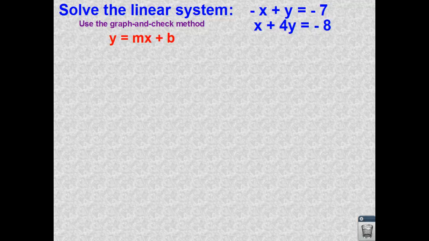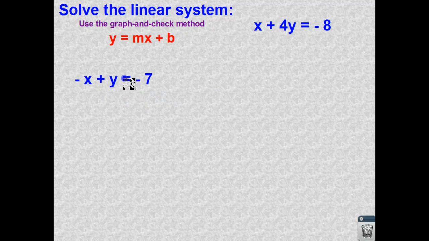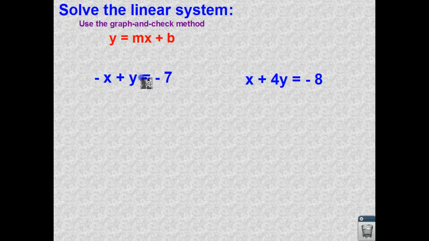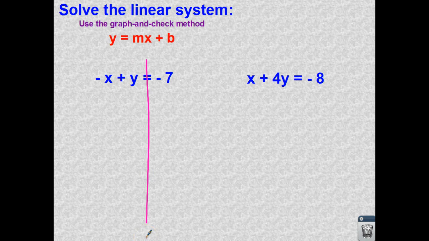So let's take this equation 1, put it into graphing form, and then we'll do the same thing for equation 2. So we'll do one at a time here. All right, we have our wall. Stabilize the y. It happens to be positive. Take this negative x term. It belongs on the right, so we throw it over, change its sign. It becomes positive x. And we didn't relocate the negative 7.